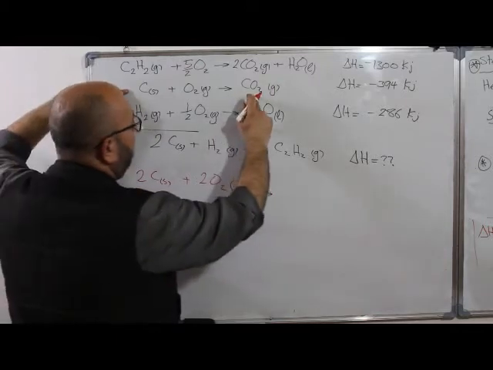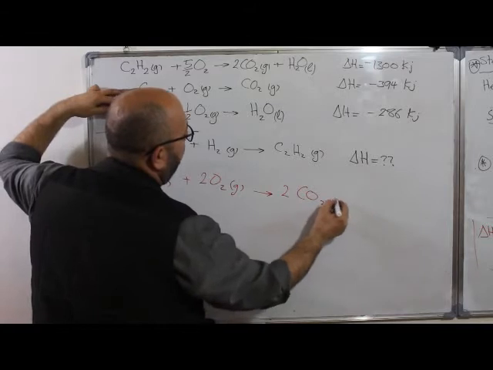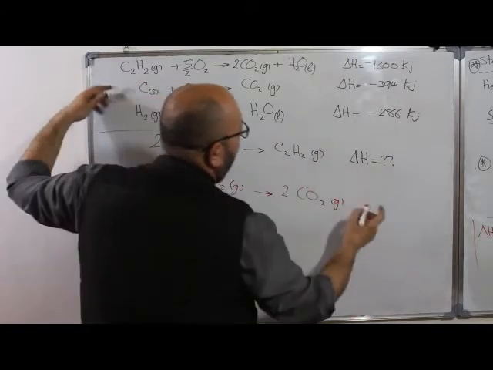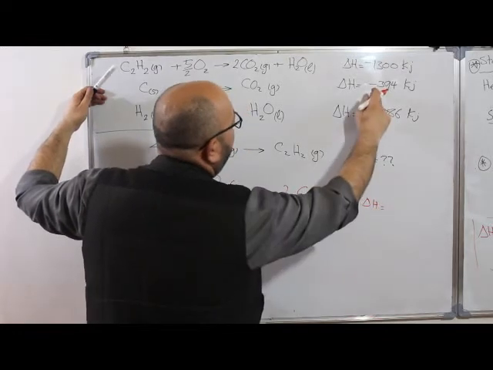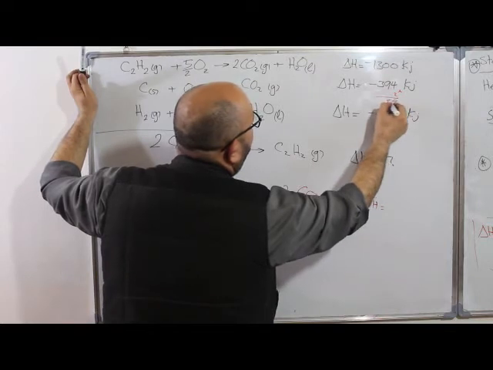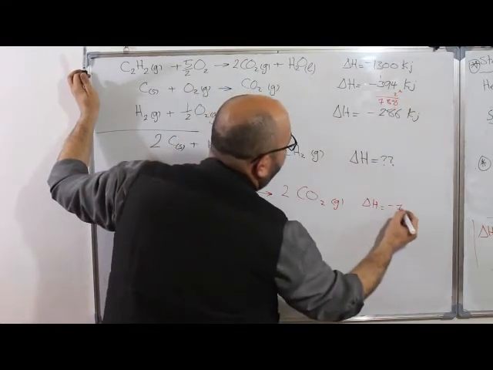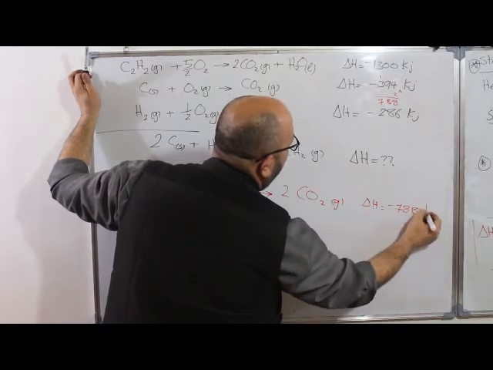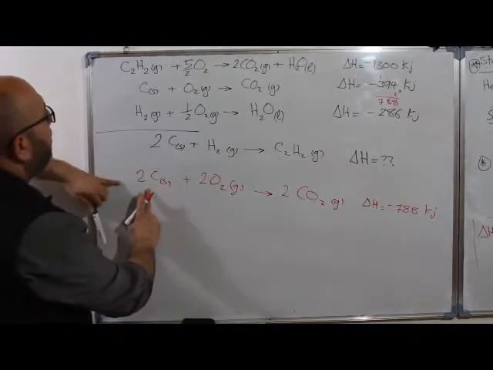The last component is 2CO2, like a gas. And also, delta H, enthalpy, is going to be multiplied by 2 here. So it's 2 times negative 394, turned to negative 788 kilojoule. The first component is prepared.